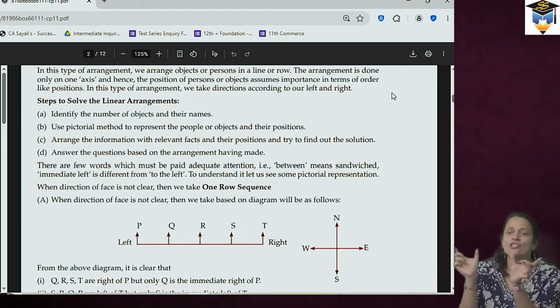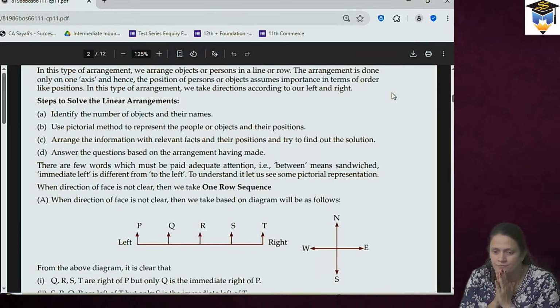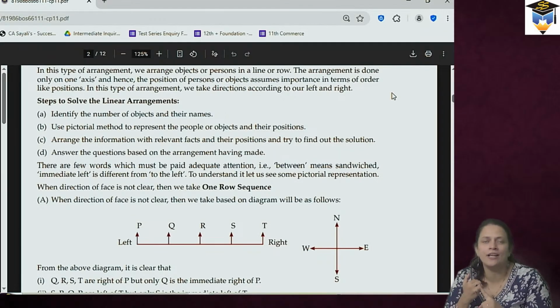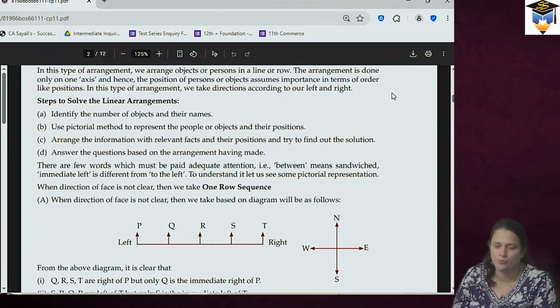So basically positions are fixed. First step, identify the number of objects and their names. Second, use a pictorial method to represent the people or objects and their positions. Third, arrange the information with relevant facts and their positions and try to find out the solution. And last but not the least, answer the question based on the arrangement.